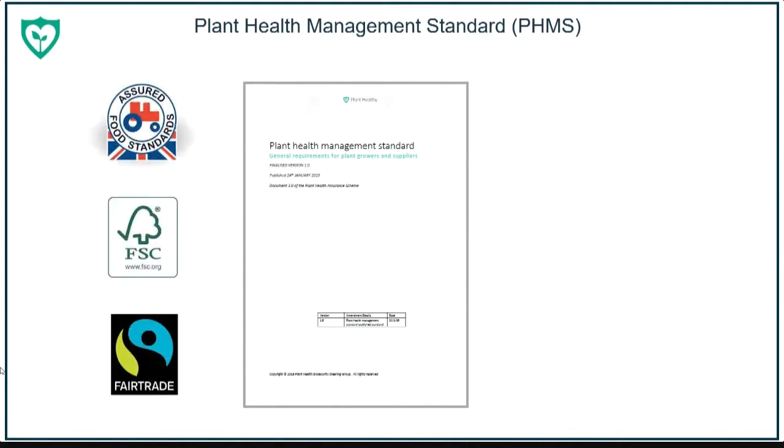People may be familiar with other types of schemes. On the left-hand side, there are some examples of certification marks from schemes that audit a range of activities ranging from responsible food production to environmental stewardship and ethical trading. The Plant Health Management Standard, as the name suggests, concentrates on plant health and biosecurity.